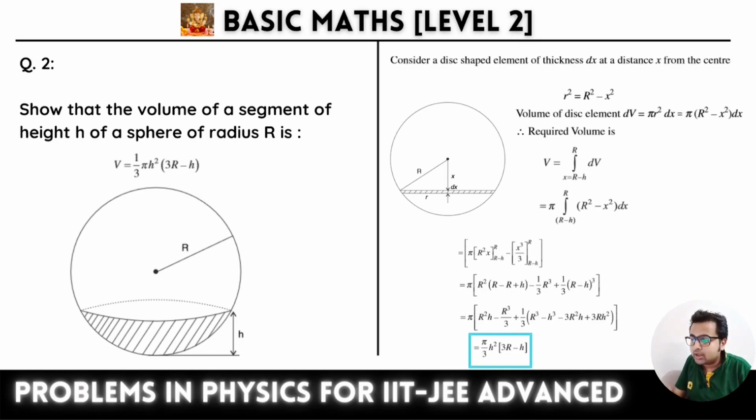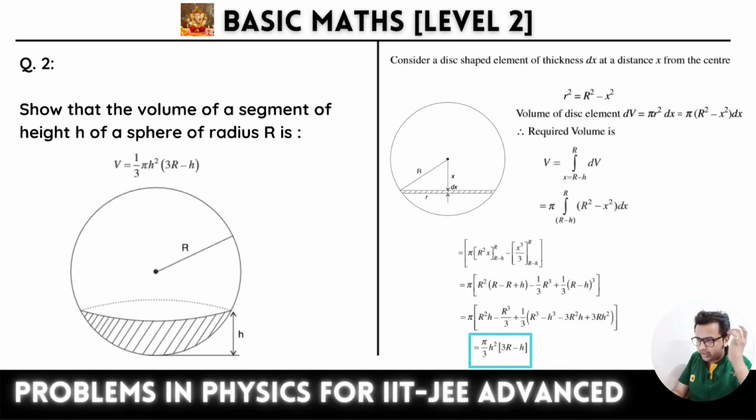That is R minus h, because R is the entire radius, so from R minus h to R. You can very easily see that it represents the segment we are looking for.